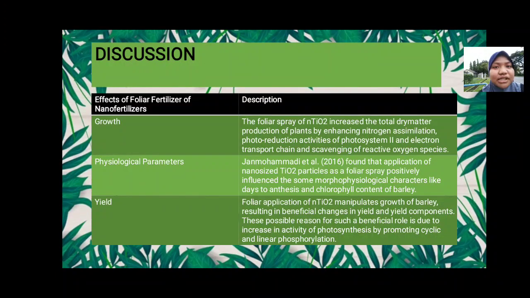For the discussion, there are three effects that were discussed in this case study, which are growth, physiological parameters, and yield. The effect of foliar spray of nano-TiO2 increases the total dry matter production of the plant.